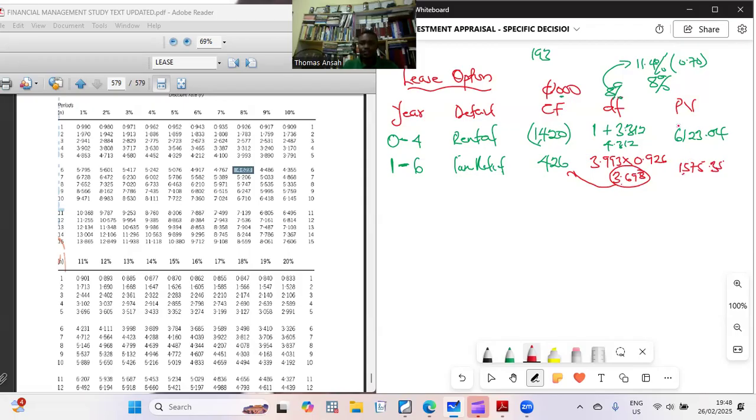All right. But don't forget, this is an outflow and this is an inflow. All right. So ladies and gentlemen, with this minus 6123.04 is 4547.70. All right. So basically that is it. Or 0.6969.